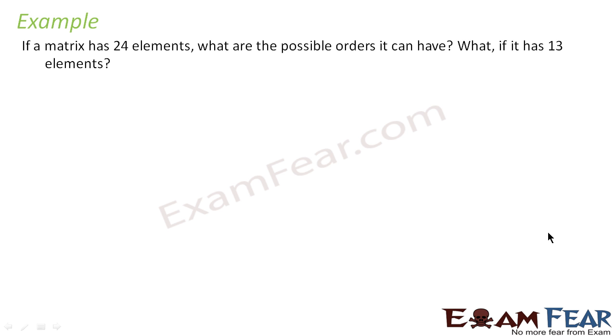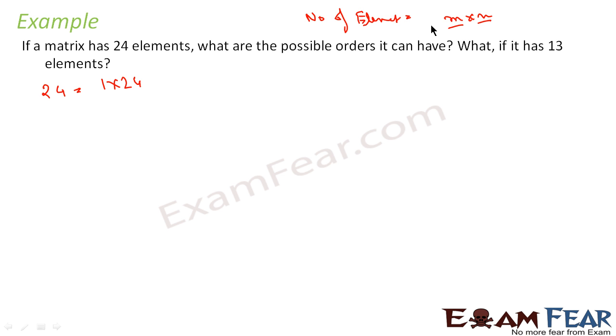Let's take one more example. The question says if a matrix has 24 elements, what are the possible orders? So if you see 24, you can write 24 in various form. See the number of element, we know, is nothing but m into n, where m is the number of rows and n is the number of columns.